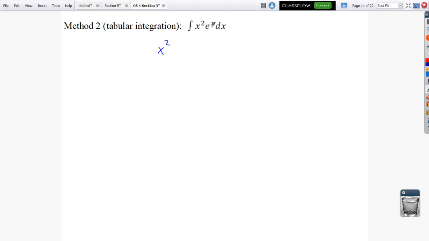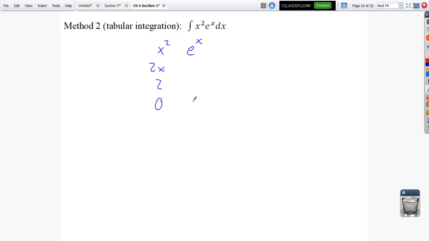In our second column, we're going to put the other factor in the product. So we've got x squared in the first column, we've got e to the x in the second column. In the first column, we're going to take derivatives, like I said, until it doesn't differentiate anymore. So we're going to have 2x, 2, and then 0. We want to do this until the first time we get a 0.